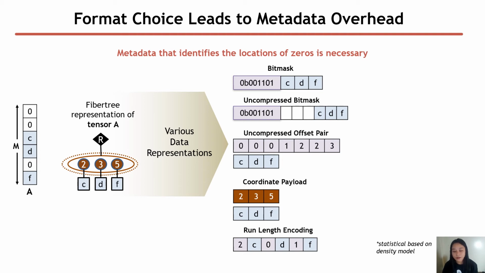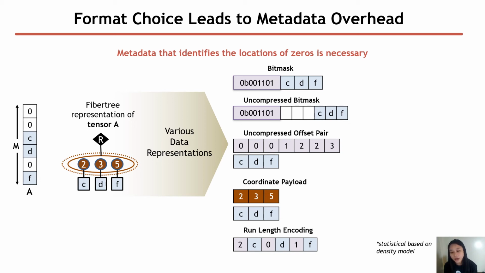You could also have offset pair, which is the CSR upper rank. So you're basically telling us how many zeros or how many non-zero values there are, where they are stored in the memory by using this metadata information. I think we already have gone through this in very much detail in the first section, so I'm not going to spend a lot of time on this, but this is essentially telling us where the corresponding non-zero values are stored for the specific coordinates.